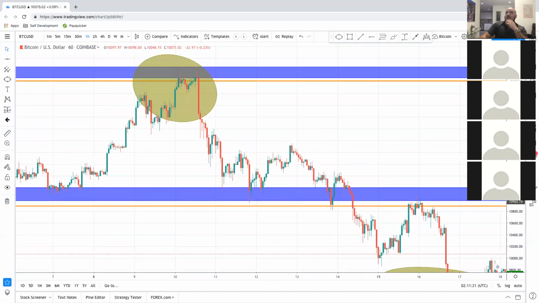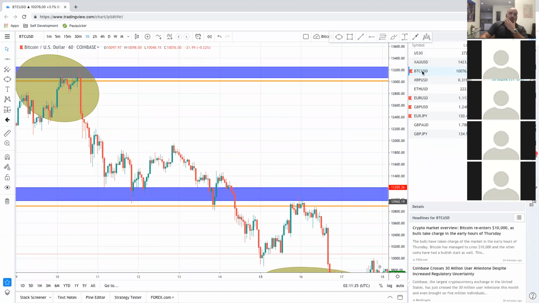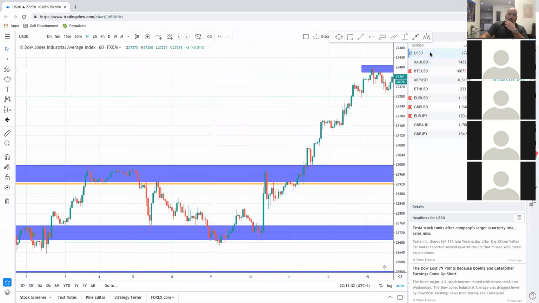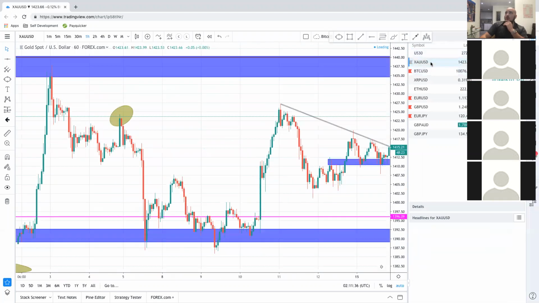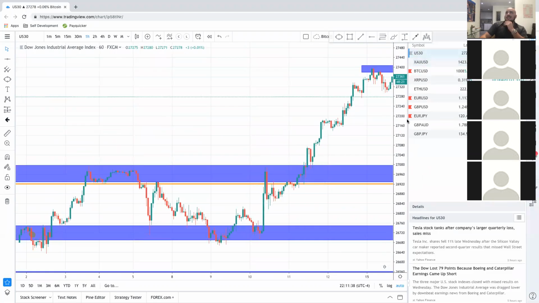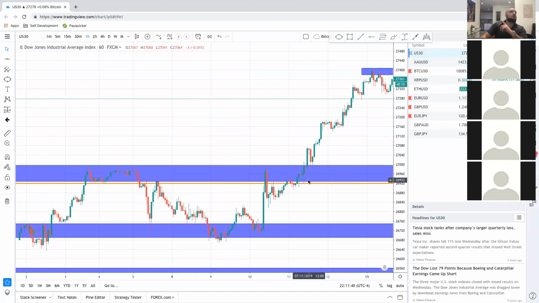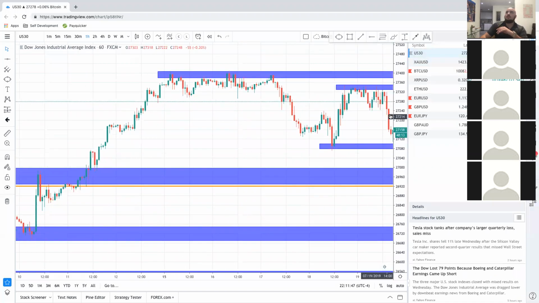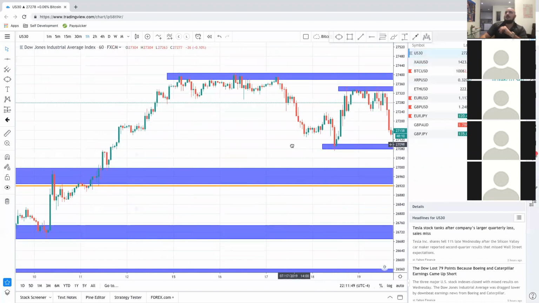This is aggressive stuff, you don't have to do this right now, but I like to trade Bitcoin, gold, and US 30. If you learn how to trade just one of those pairs really, really good, you don't have to trade anything else, and you can make all the money that you could ever want just on that, because it's thousands of pips, okay?